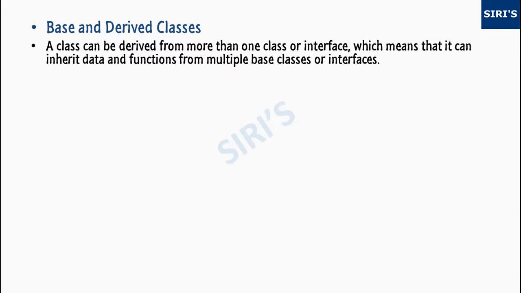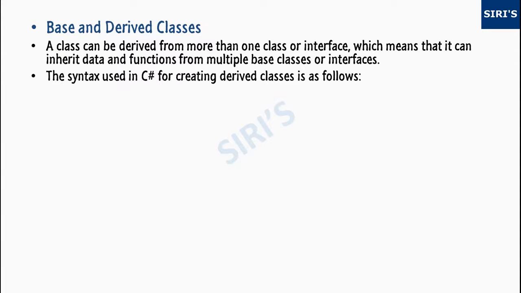Base class and derived class. A class can be derived from more than one class or interface, which means that it can inherit data and functions from multiple base classes and interfaces.